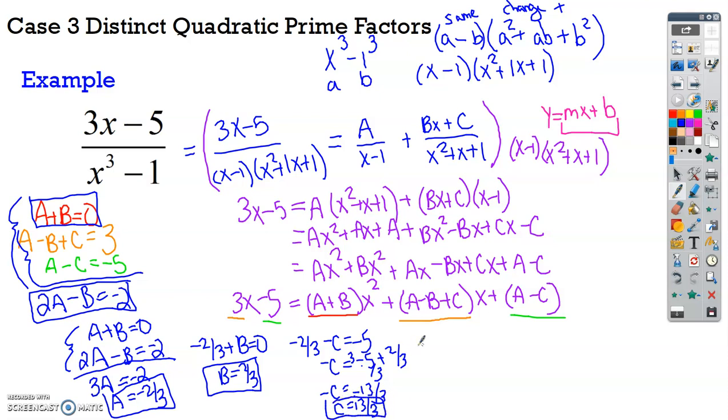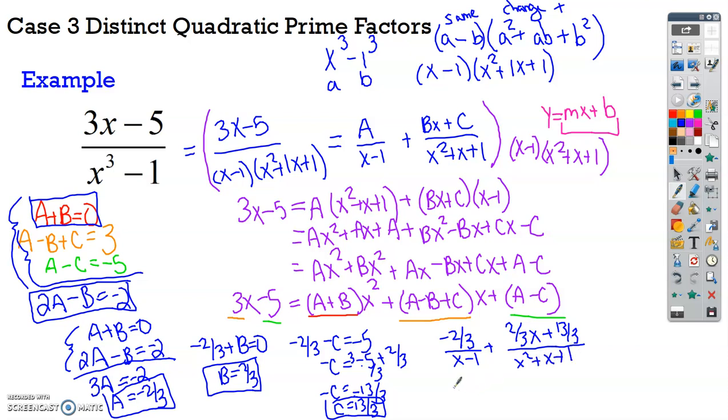All right, I'm on a 15-minute time crunch on my video here. So what's that look like for my final answer? Negative 2/3 is my a over x minus 1 plus 2/3 x plus 13/3 over x squared plus x plus 1.